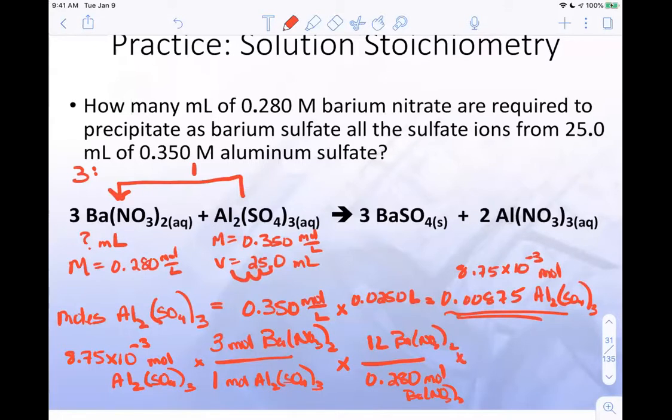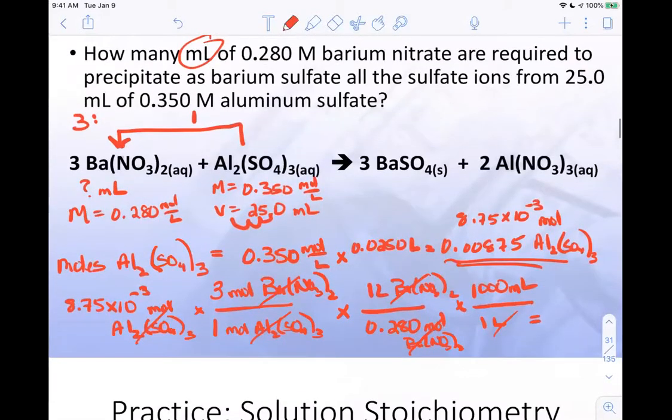And the question asks to find the volume in milliliters, so I'm going to do a conversion here. For every 1 liter, I have 1,000 milliliters. So when I look at that, moles of aluminum sulfate cancel with moles of aluminum sulfate, moles of barium nitrate cancel with moles of barium nitrate, liter cancels with liter, I'm left with milliliter.